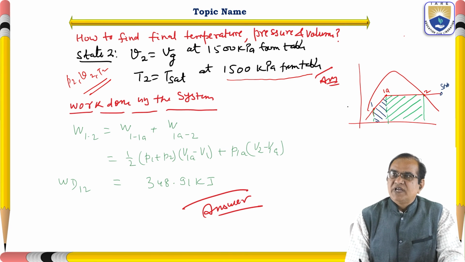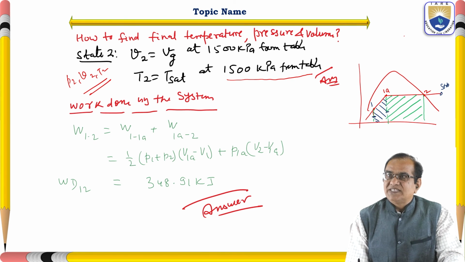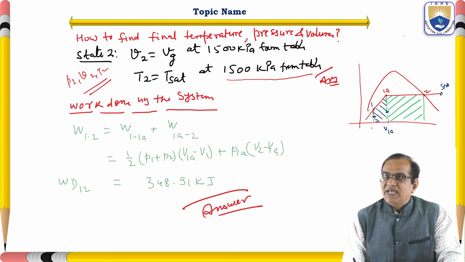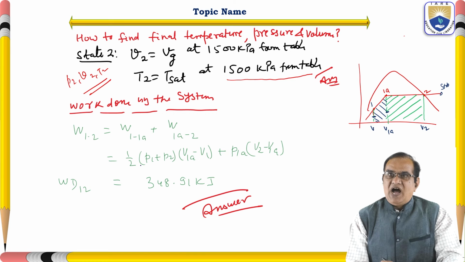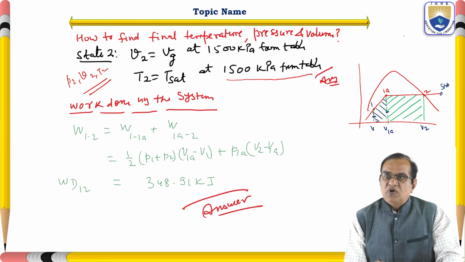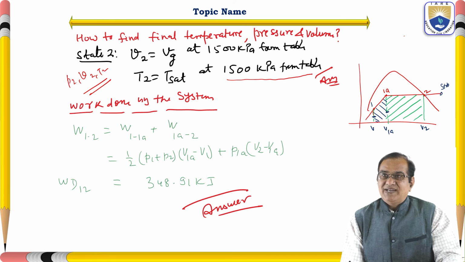So half of P1 plus P2, this is the P1, this is the P2, into V1A minus V1, and this is here, if you see, the V2. So half P1 plus P2 into V1A minus V2, plus P1A, same pressure here, P1A into V2 minus V1A.